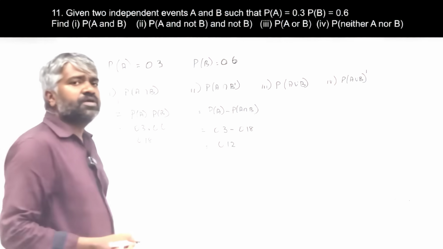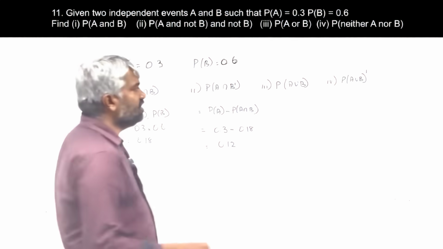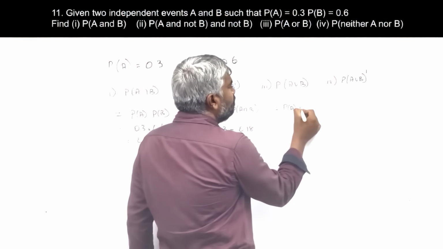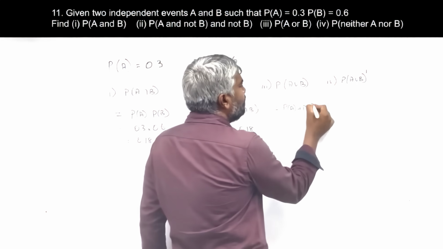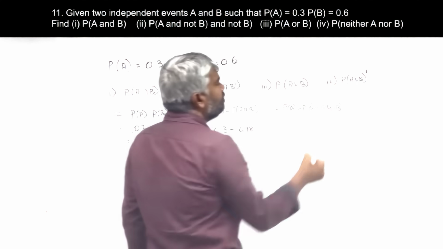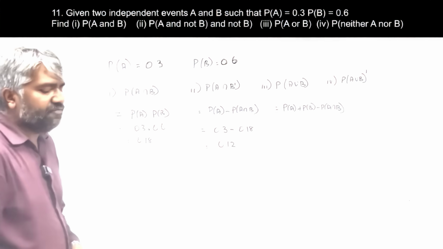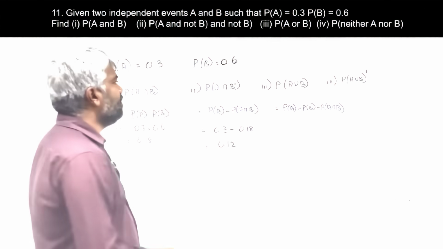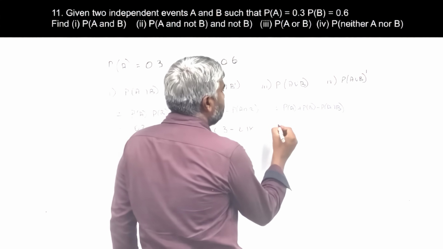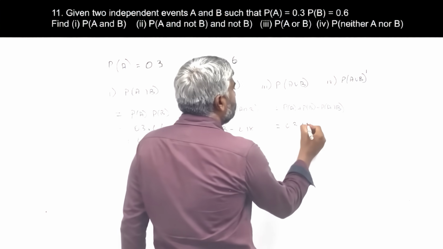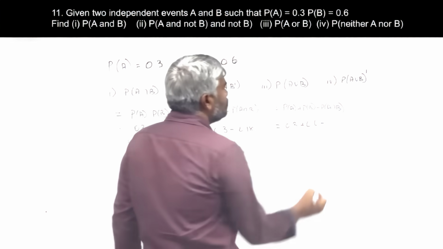Next, third question. P of A or B, nothing but P of A union B. What is P of A union B? P of A plus P of B minus P of A intersection B. What is P of A? 0.3, P of B is 0.6.